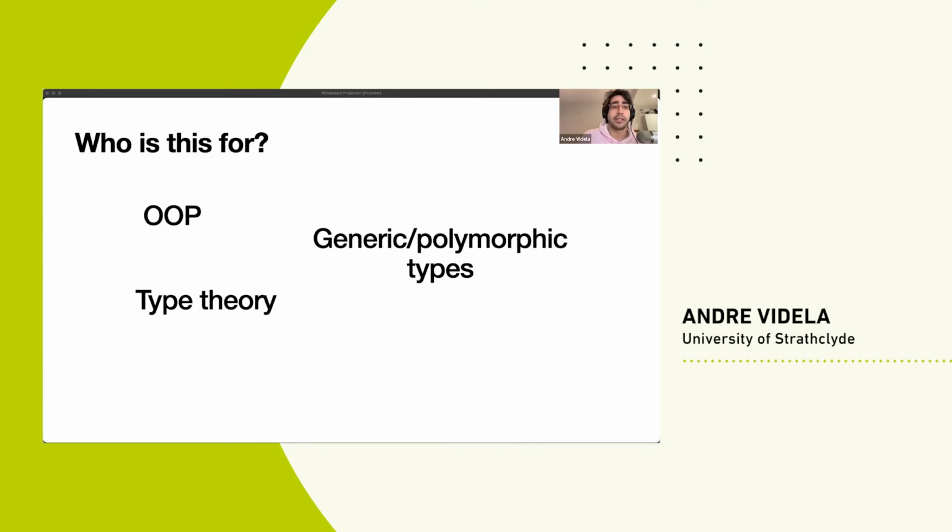Often when we talk about dependent types, we talk about the type theory that underlies them. For this presentation, we're not going to talk about the type theory, because I want to focus on the usage of dependent types and not why they work.